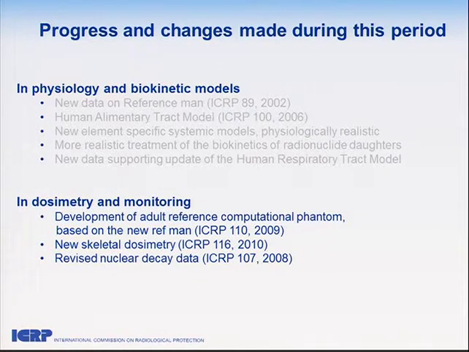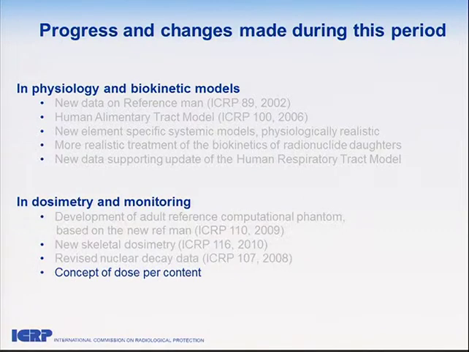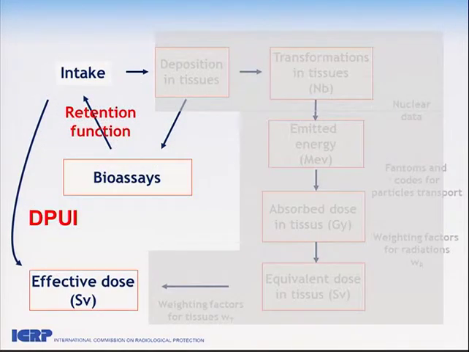We also have progress in dosimetry and monitoring, with the development of a computational phantom. We have talked about that before, so I won't come back to it. I just would like to highlight one small point, which is a new concept of the dose per content. You remember my diagram. I told you that if you want to calculate the dose, you can go through the retention function and DPY.